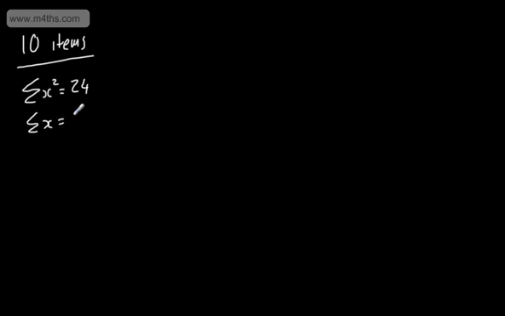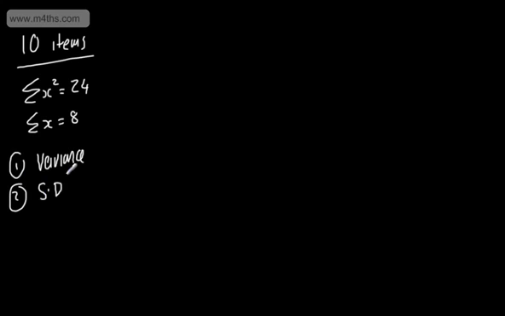Say we were given 10 items. And we were told now that the sum, and we might be given something along the lines of the sum of x squared is equal to 24, and we were told the sum of x was equal to 8. These are called summary statistics. So you might be given a question and you might be asked to find 1, the variance, and now 2, the standard deviation.